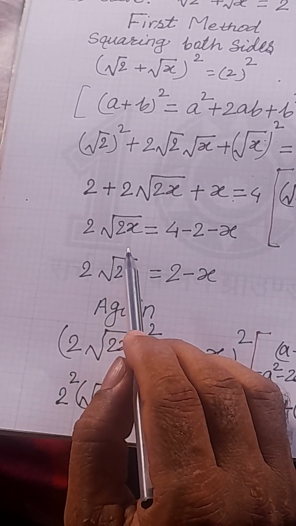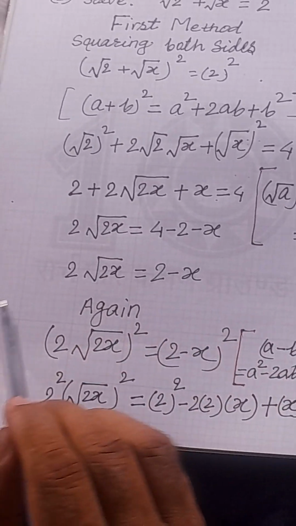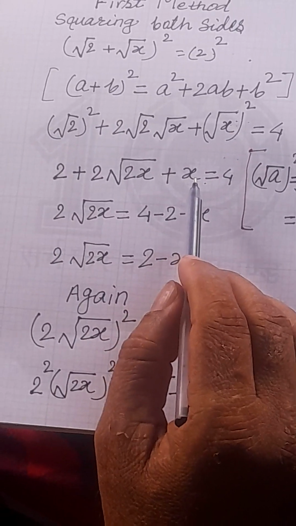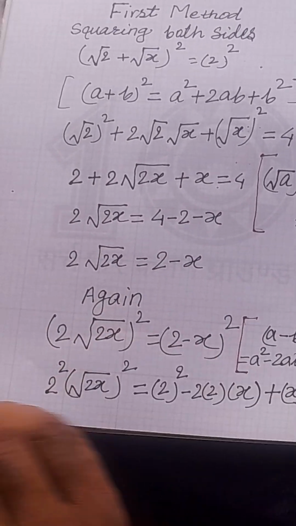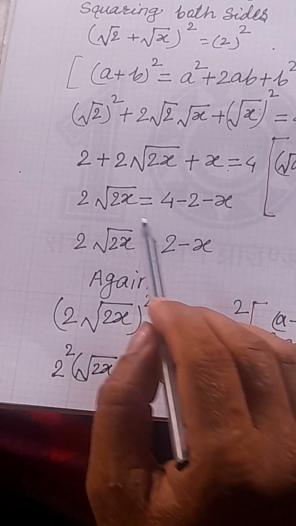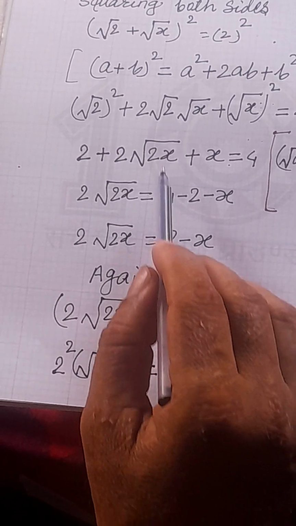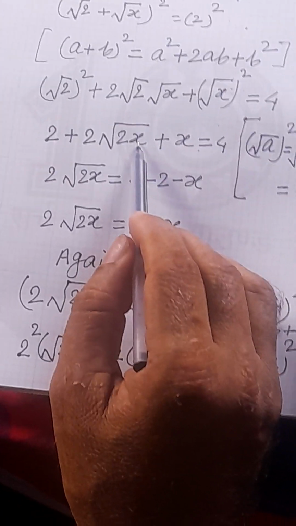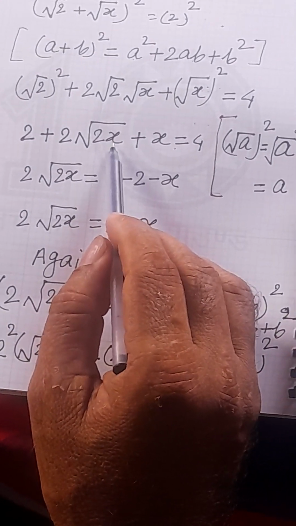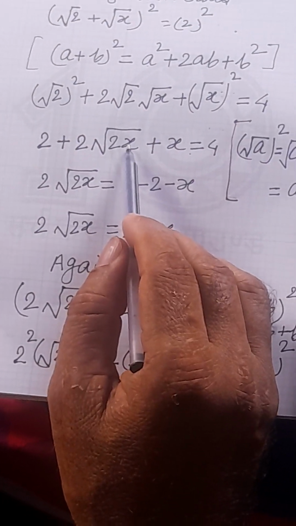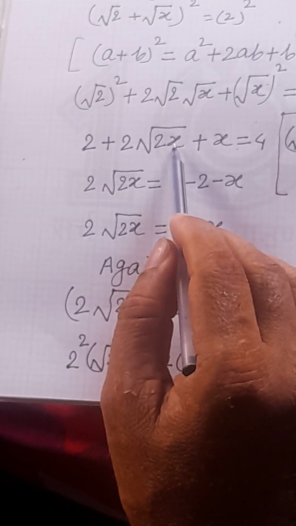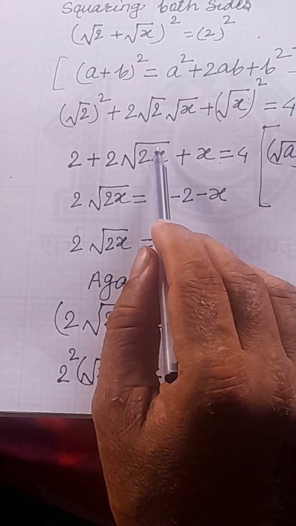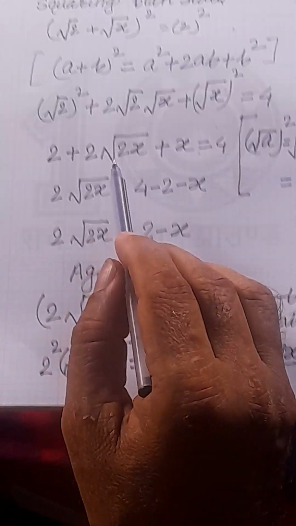Now we have to understand that we are going to find out the value of x. So here, as far as possible, this square root also should be eliminated, so that the x should not have the square root symbol. So what do we have to do?